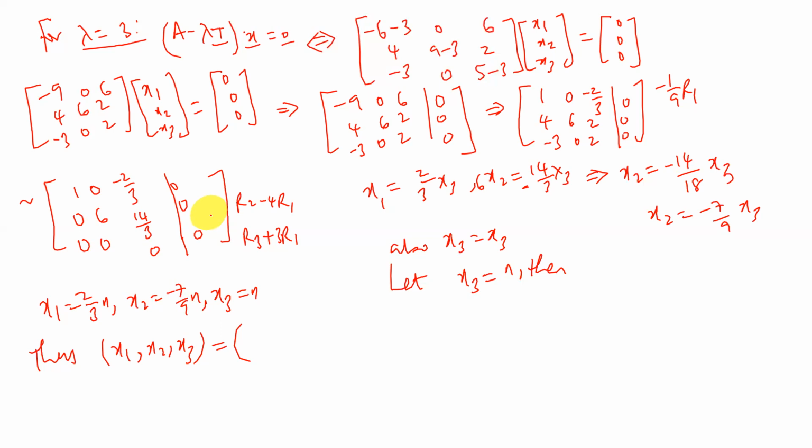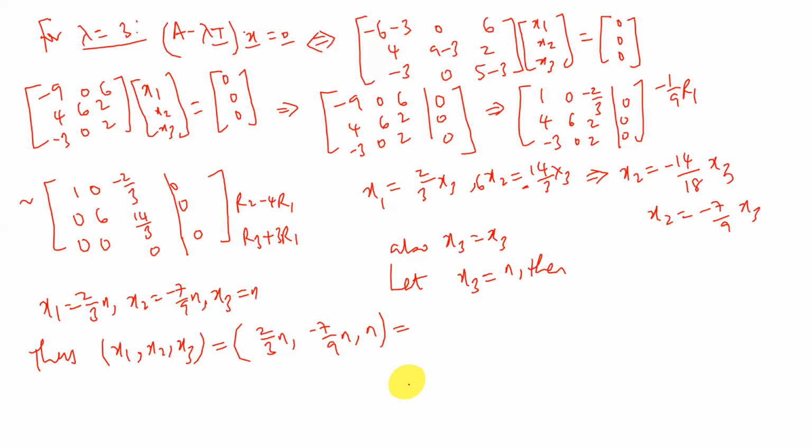Let me see what we're getting here. Wait a bit, I need to check something here. Okay, doesn't matter. x1 is the same as 2 over 3, and x2 is minus 7 over 9, and x3 is only n.